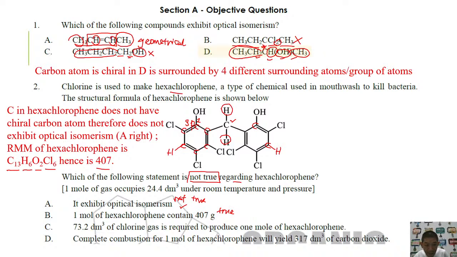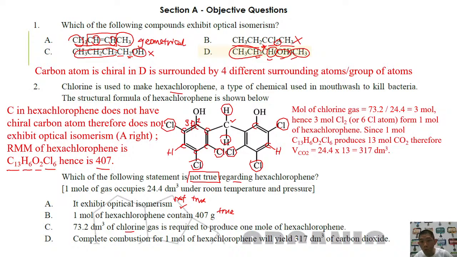And then C, 73.2 decimeter cube of chlorine gas is required to produce 1 mole of hexachlorophene. One hexachlorophene contains 6 chlorine atoms, so that means it came from 3 molecules of chlorine. Therefore, C is also true.